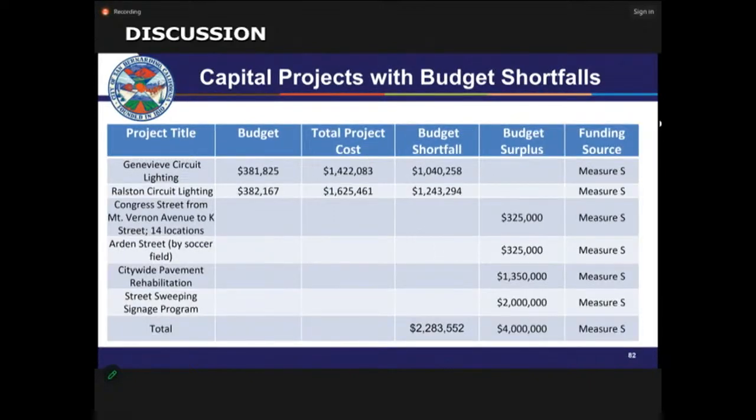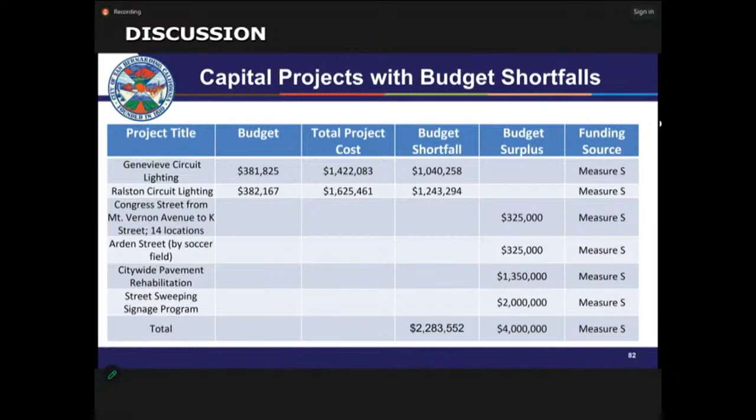The way this table is broken out, the two projects on top, the Genevieve Circuit Lighting and the Ralston Circuit Lighting, are the two projects that need a funding allocation. You can see the shortfall in the fourth column, labeled budget shortfall. One is approximately 1 million, and the other is approximately 1,250,000. So the grand total of what's needed in that shortfall is 2,283,552.